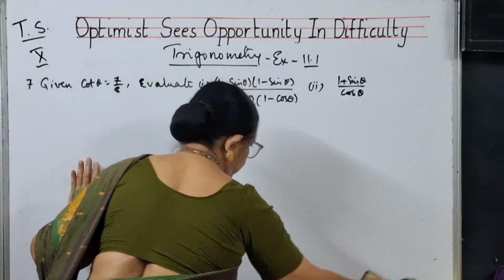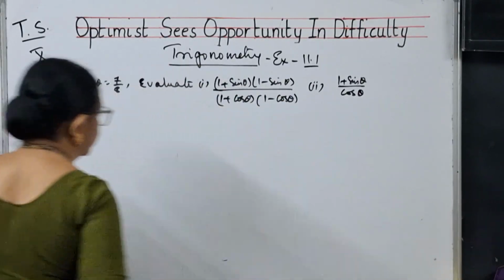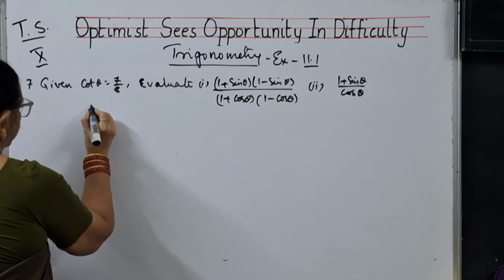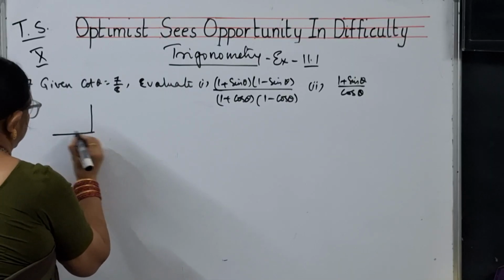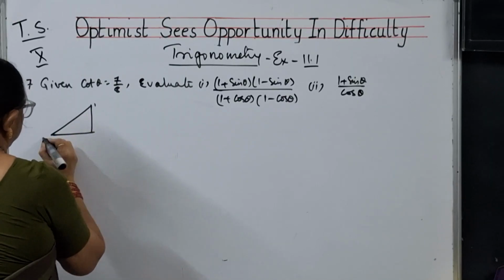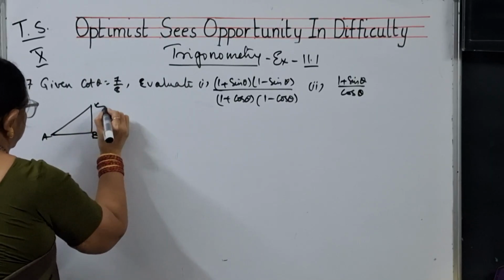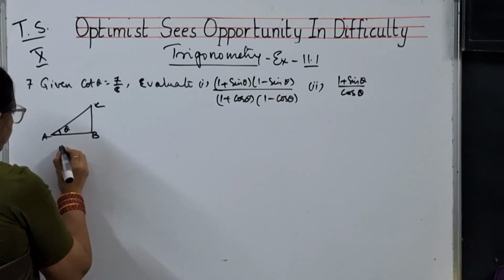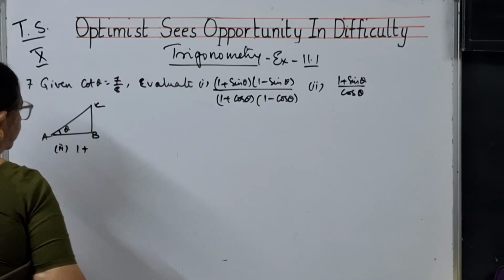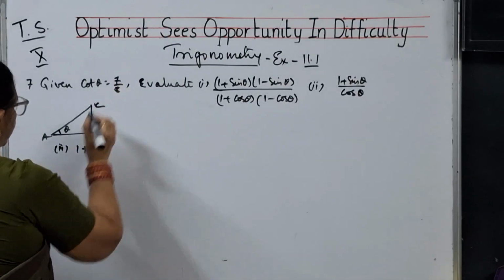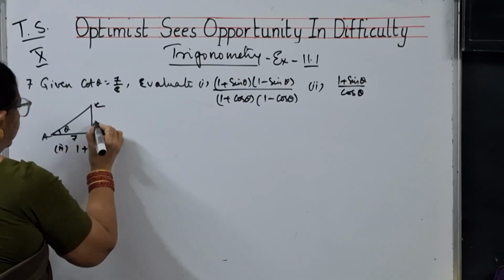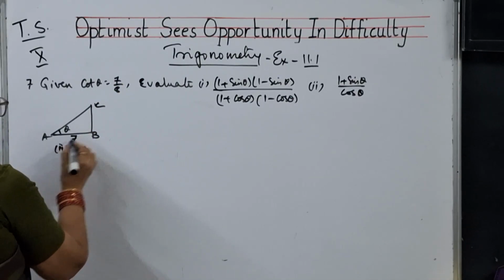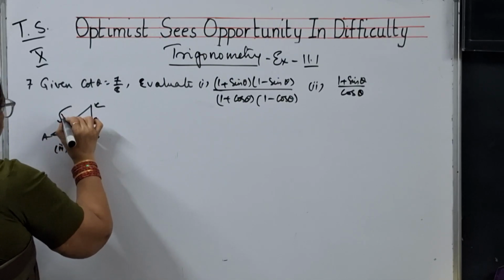Once again I have to draw, children. This is A, B, C, this is theta. We have got second bit, 1 plus cot theta, all these values I have done, children. 8 cot theta means 7 by 8 root 113.